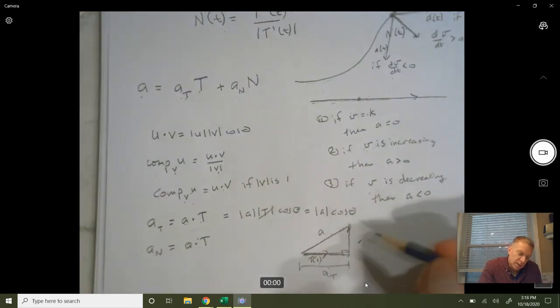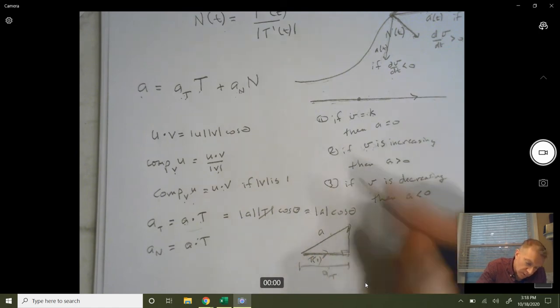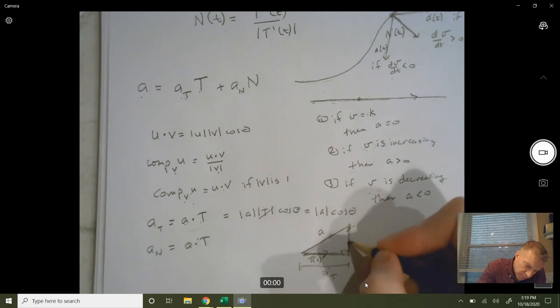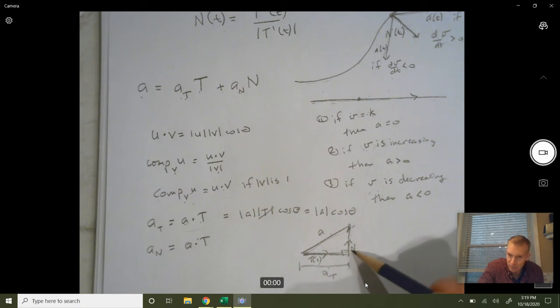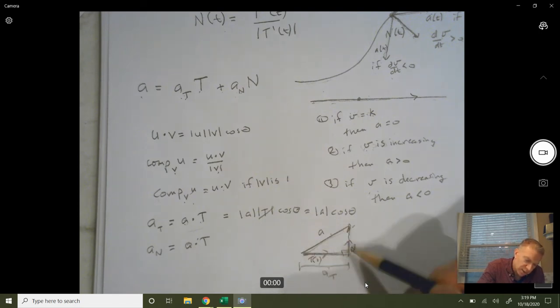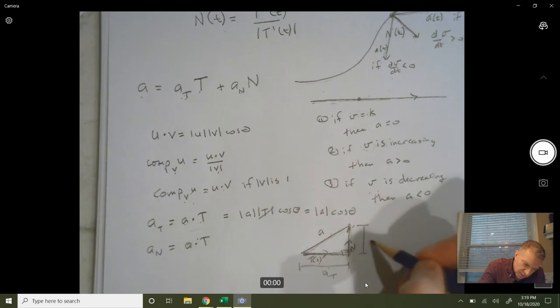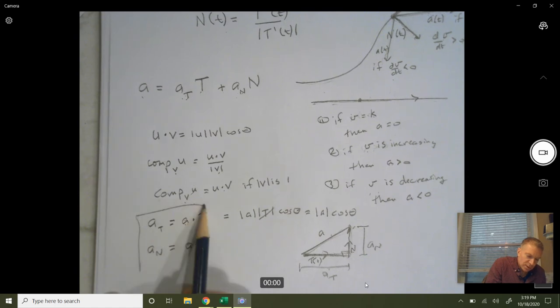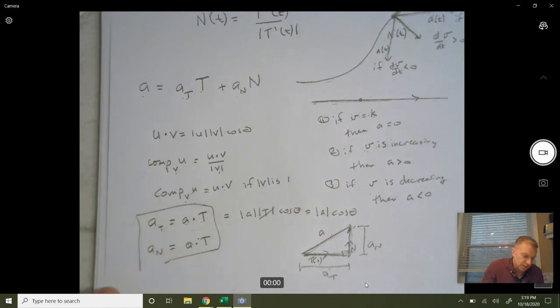And if we project this onto the unit normal vector, remember, the unit normal vector has a magnitude of 1, so that's not going to change your projection. Project this onto here, and you're going to get this. That's your normal component of acceleration. So using these two, we can derive easier formulas to calculate these two things.